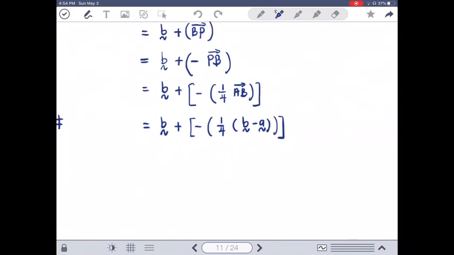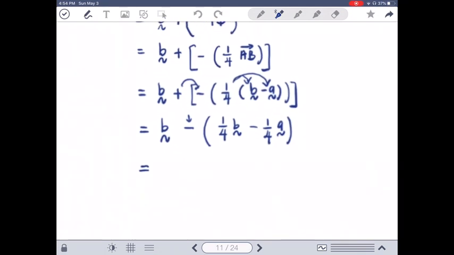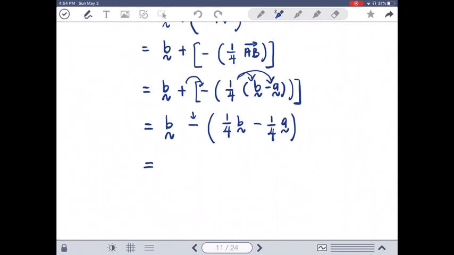So now we need to simplify things. B minus 1 over 4 B minus 1 over 4A. What I did is I just multiply that inside, so positive negative becomes negative, which is just equals to B minus 1 over 4B plus 1 over 4A.